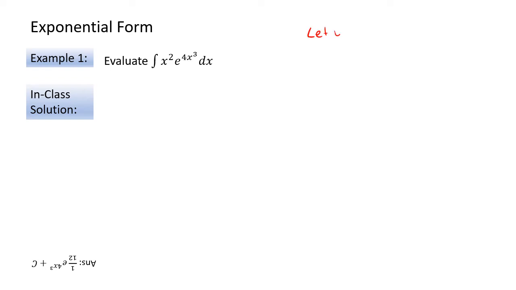So I'm going to let u equal e to the 4x cubed. So du by dx is equal to e to the 4x cubed, in this case, times the derivative of this item here, which is 12x squared.